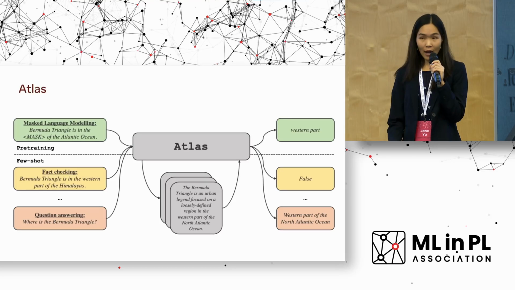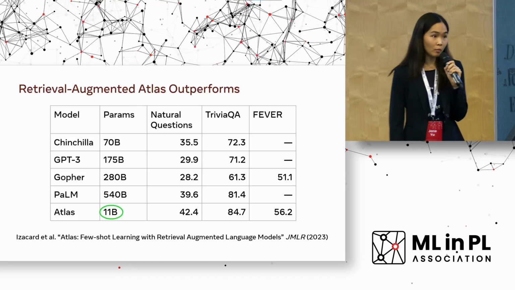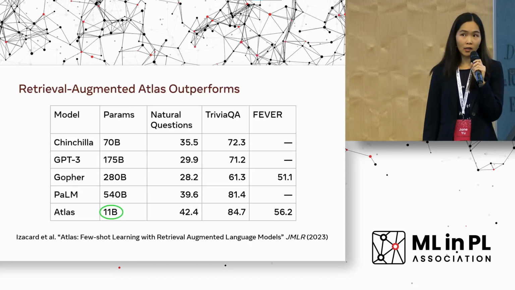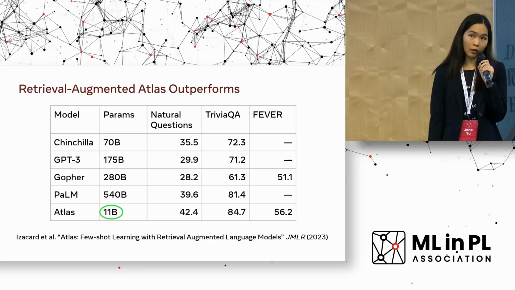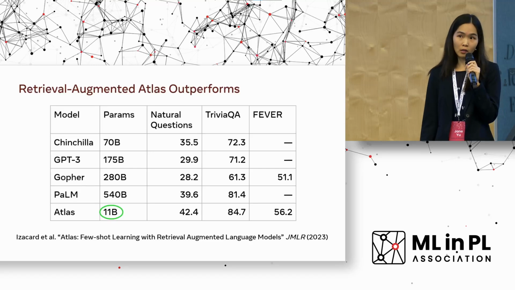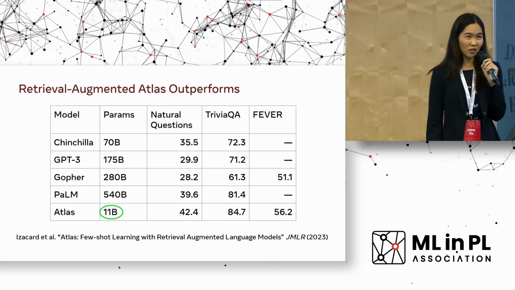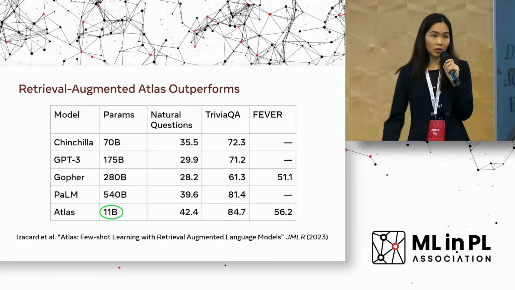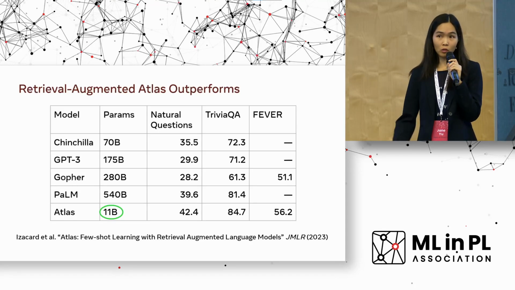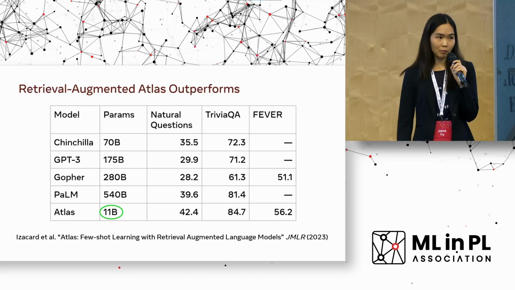And even though Atlas is so small, it's only 11 billion parameters in size, it's able to outperform the other non-retrieval-augmented language models pretty substantially. And even though it's about 10 to 50 times smaller, we see that we do get this benefit from being able to retrieve and be able to leverage that external tool.